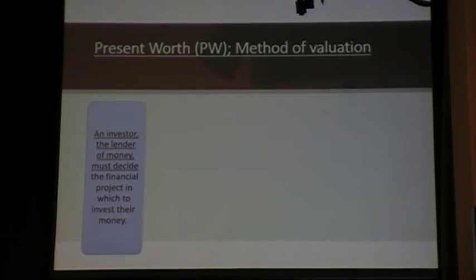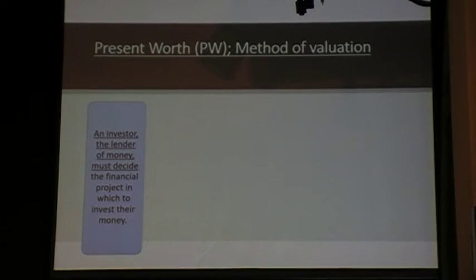The next series of financial ideas I'm going to give you revolve around present worth, okay? It is a popular method of valuation. Obviously, when you go into financing an energy conservation measure, somebody, an investor, the owner, somebody has got to decide they're going to put out the money, right?